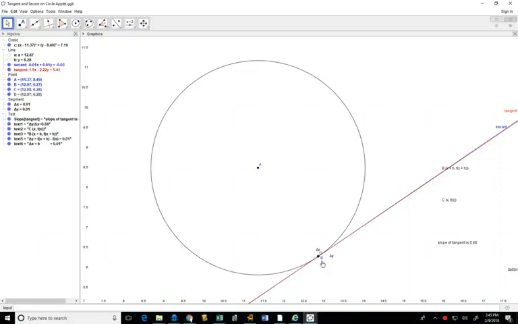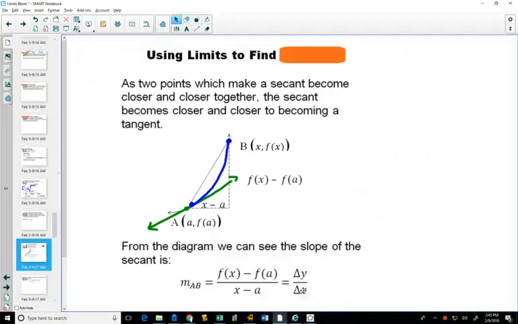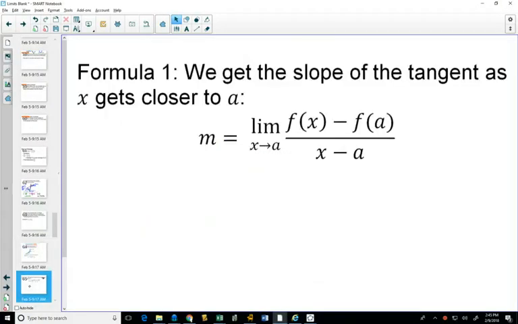But the problem that occurs, if we go back to our notes, is if I make x equal to a, I no longer have a triangle and I'm dividing by 0. So we have to be able to evaluate this limit in order to figure out what it is.